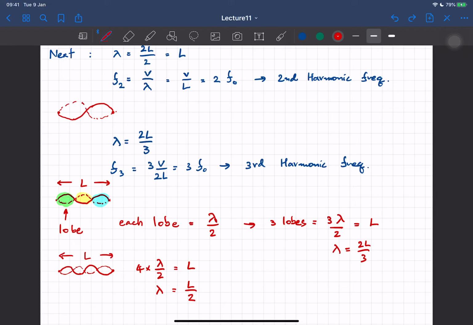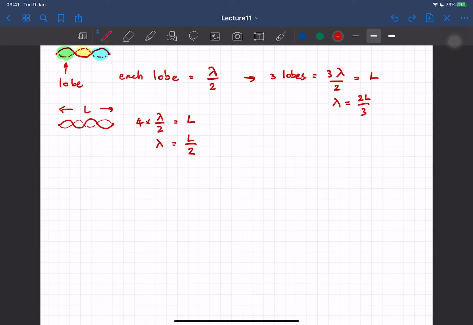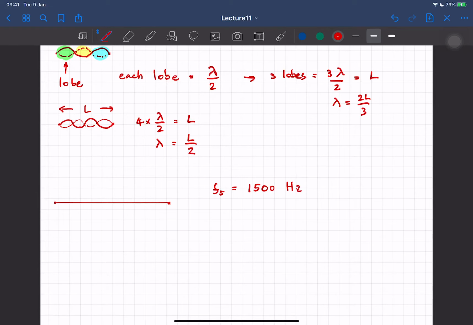Let's say we have a string, and somehow the information that you got is that the fifth harmonic of this string, F5, is equal to, let's say, 1500 Hertz. This is given. What is the sixth harmonic frequency of this system?